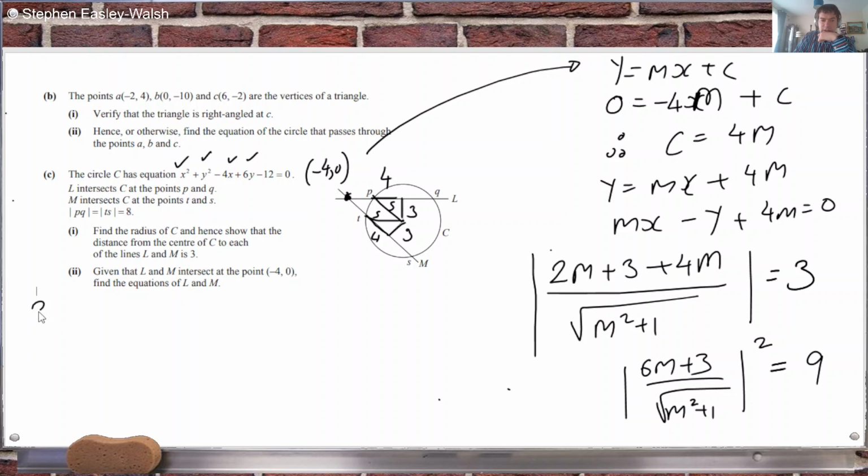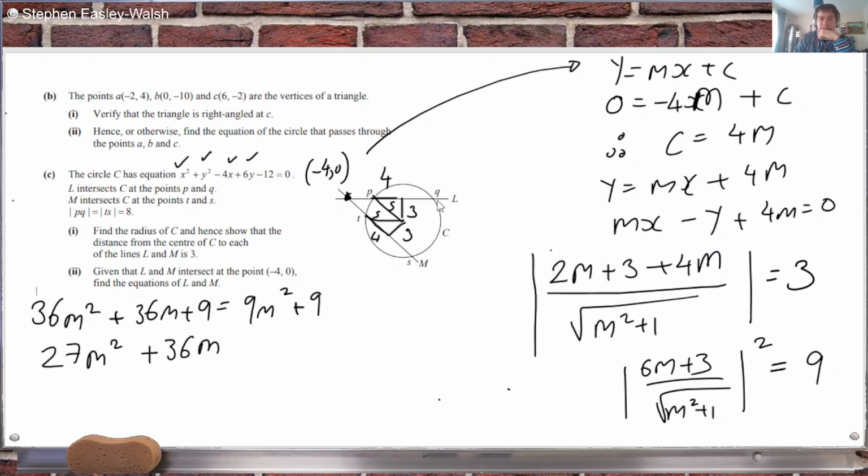So I'll have 36m squared plus 36m plus 9 equals 9m squared plus 9. So that would be 27m squared plus 36m.